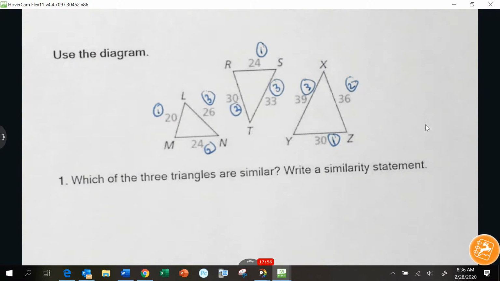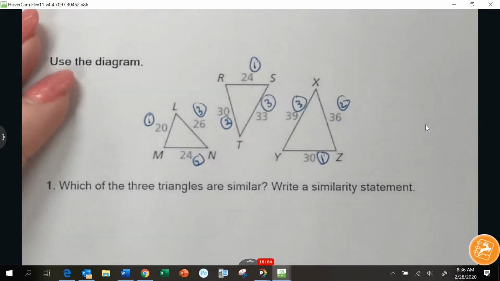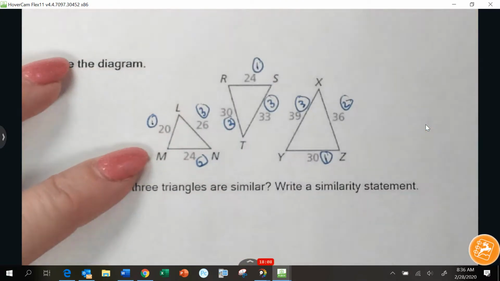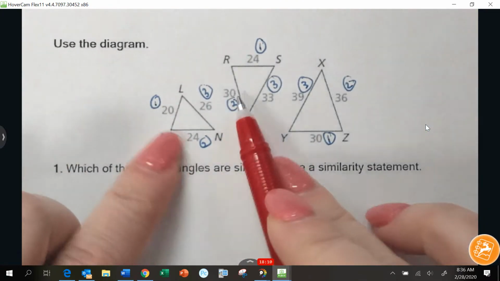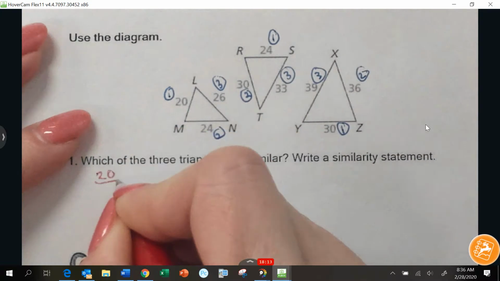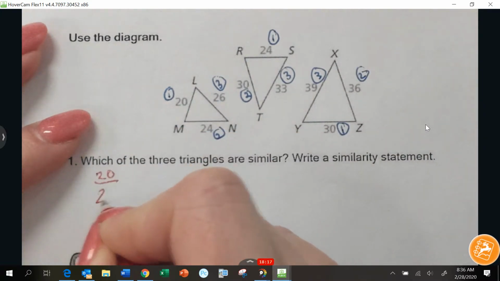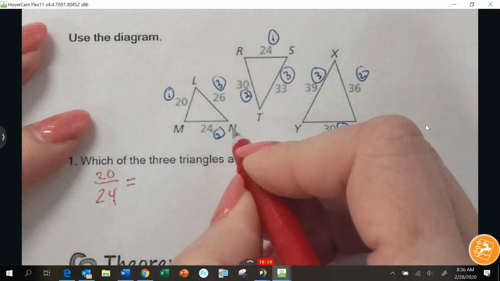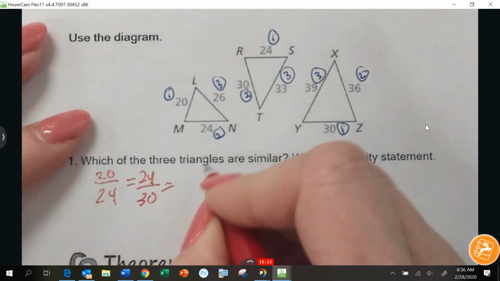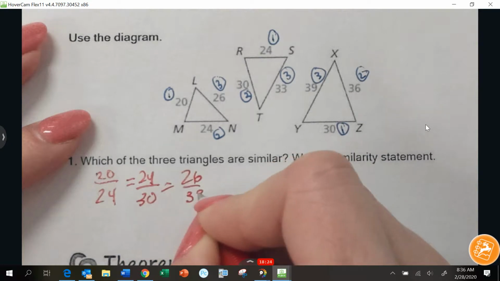Okay, I'm going to do the work on the board as well. I know some of you are still catching up. Okay, so if I'm checking these first two triangles, I'm going to do 20 over 24 has to equal 24 over 30 has to equal 26 over 33.